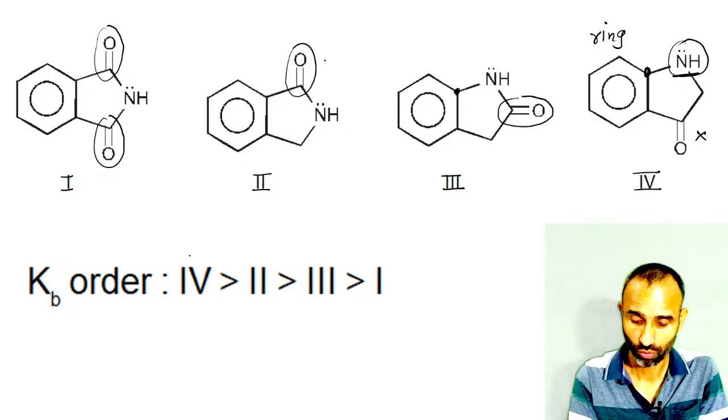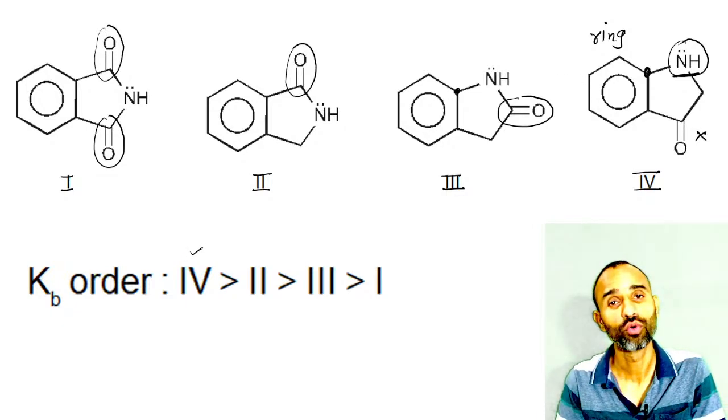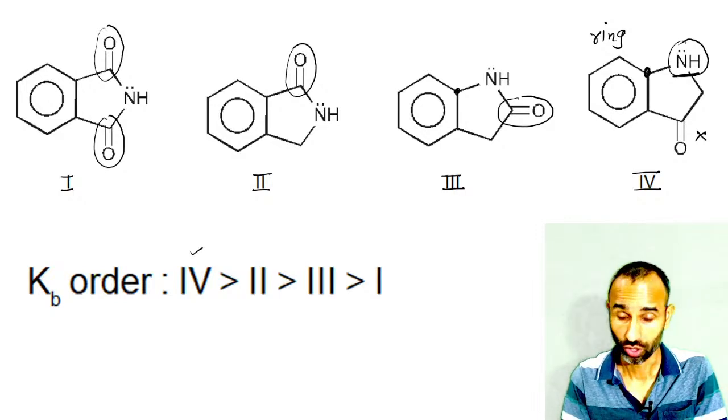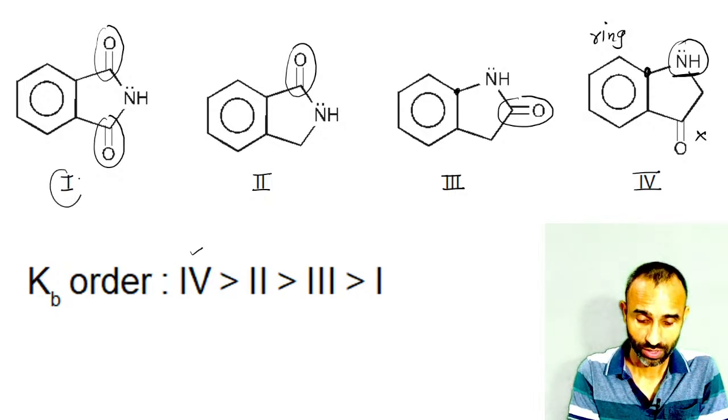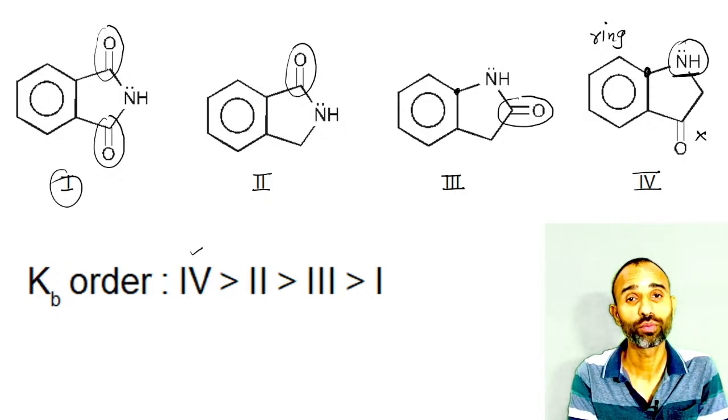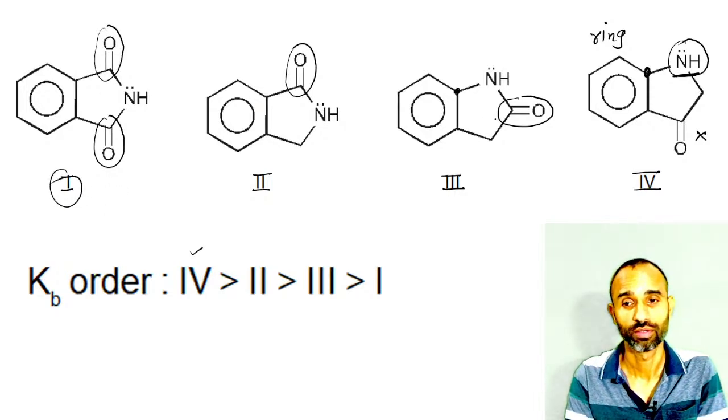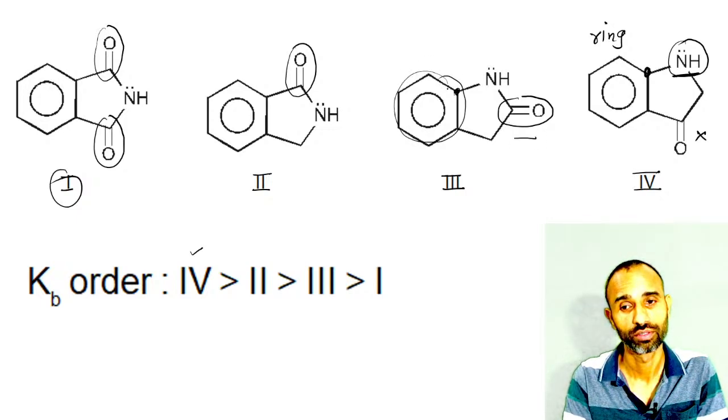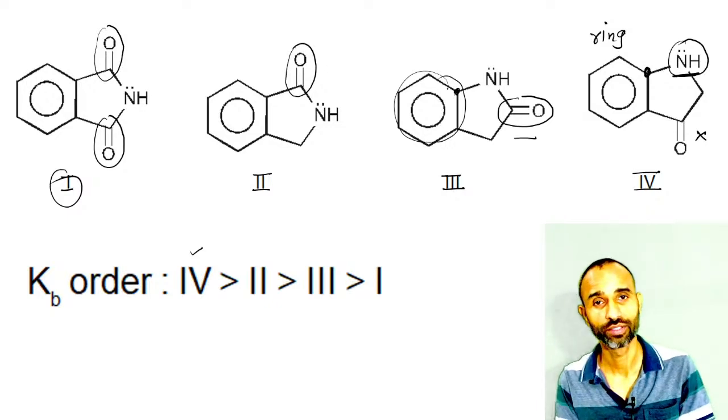That's why fourth is more basic. CO group has more withdrawing effect. In first case, two CO groups, here one CO and one ring. Got it?